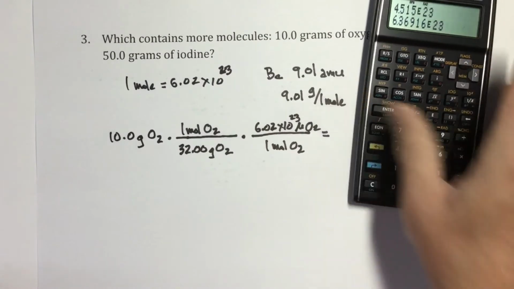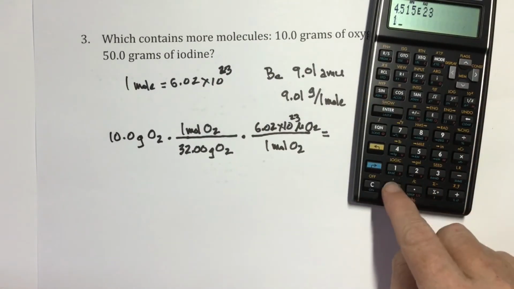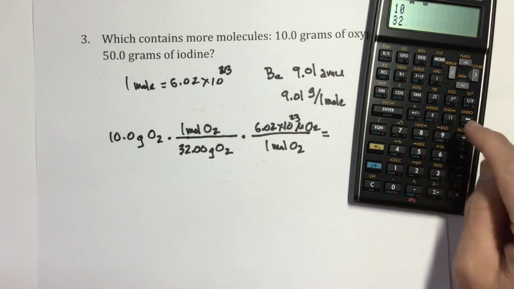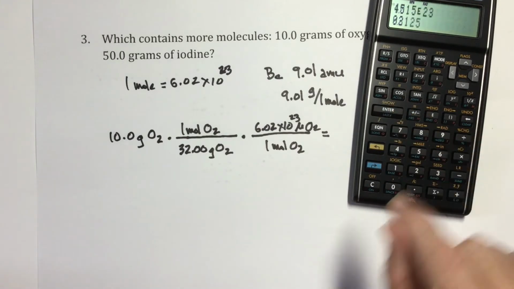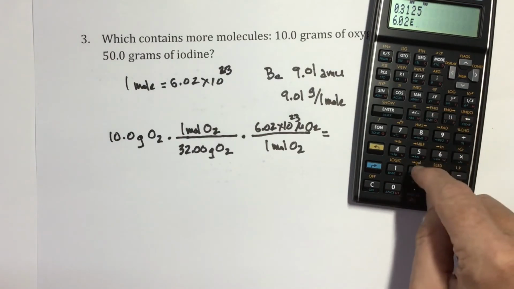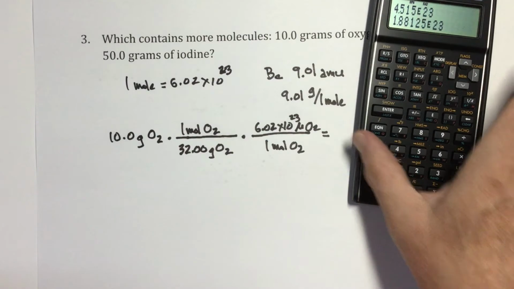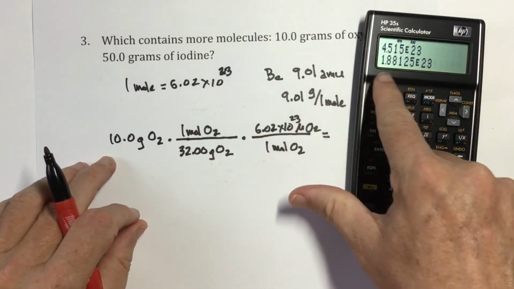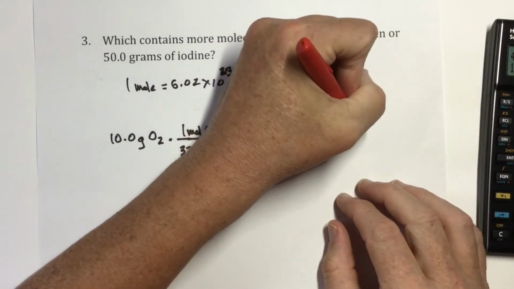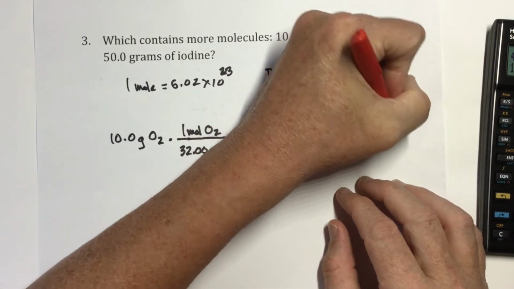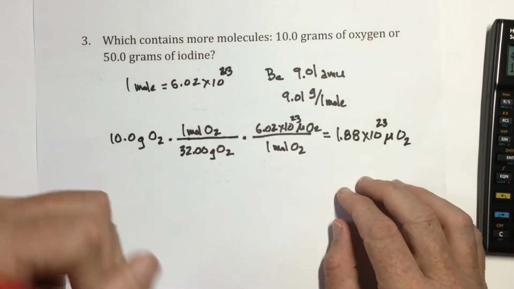So let us do that. 10.0, 32.00 divide, and 6.02 e to the 23rd times. So that comes out, I should have 3 sig figs, 1.88 times 10 to the 23rd molecules of O2.